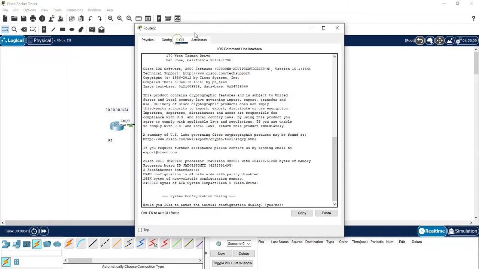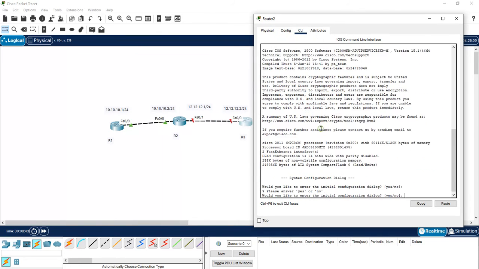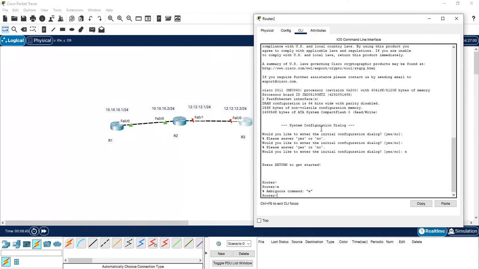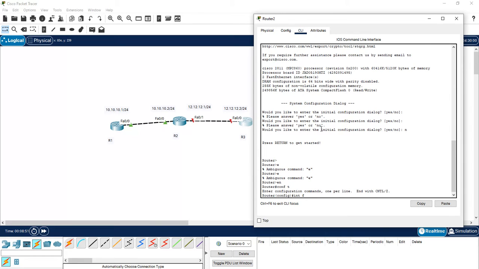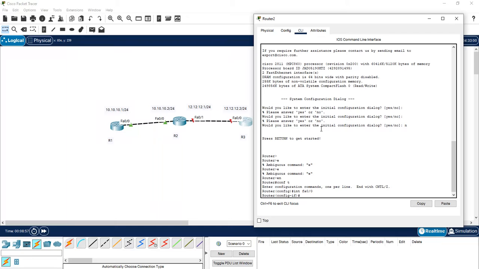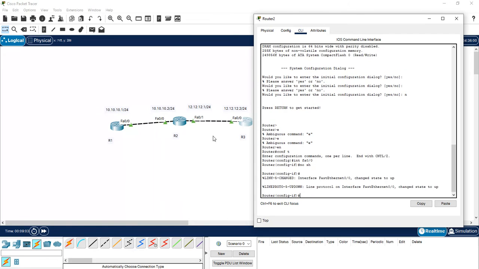Okay, then we move to router 3. In router 3 we enable, and get into configure terminal. Then we move to interface fast Ethernet 0/0. This interface is connected with router 2. Then we turn on the interface with no shutdown.